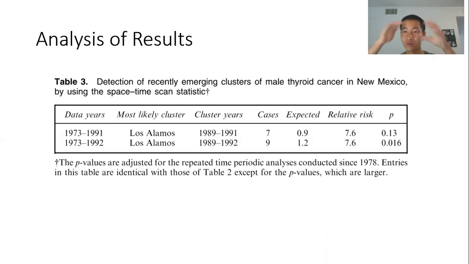So the overall fraction is kind of getting smaller. So that's why what was previously significant now, after this update, becomes less significant.